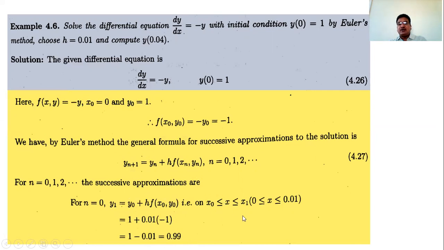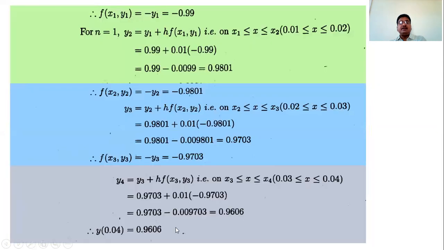Don't write this x0, x1 and all these, that x lies between x0 and x1. Write directly the general formula, write y1 like previous examples, and then y2. y2 is what? y1 plus h f(x1, y1), that is the value of y at 0.02. Then find y3.